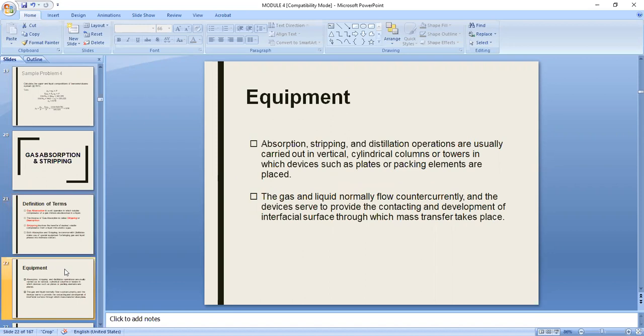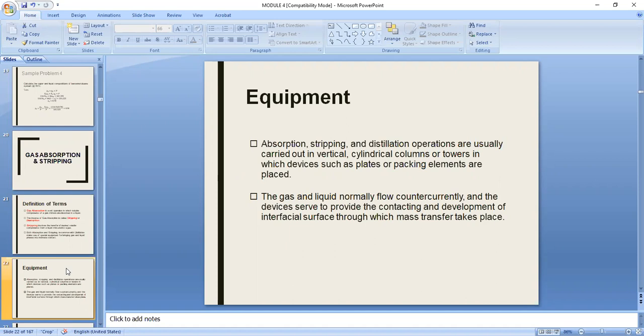Now, absorption, stripping, and distillation operations are usually carried out in vertical, cylindrical columns or towers in which devices such as plates or packing elements are placed. So I mentioned already, the gas and liquid normally flow countercurrent, and the device serves to provide the contacting and the development of the interfacial surface through which mass transfer takes place.